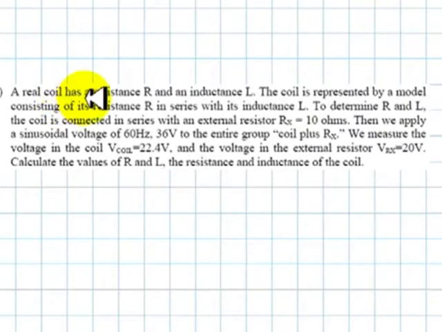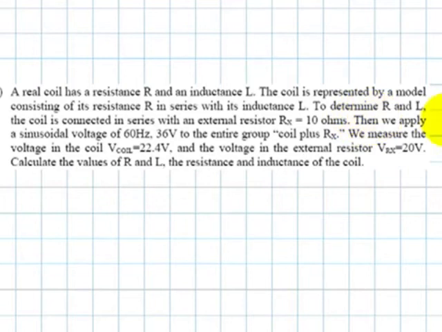A real coil has a resistance R and an inductance L. The coil is represented by a model. The model consists of its resistance R in series with its inductance L. To determine those values R and L, the coil is connected in series with an external resistor Rx of 10 ohms.